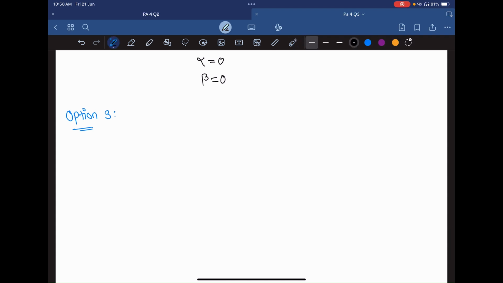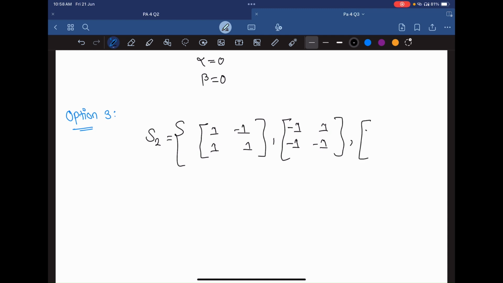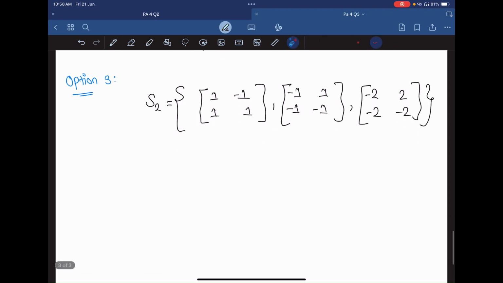Consider this as set S2. These are the matrices given in option 3.